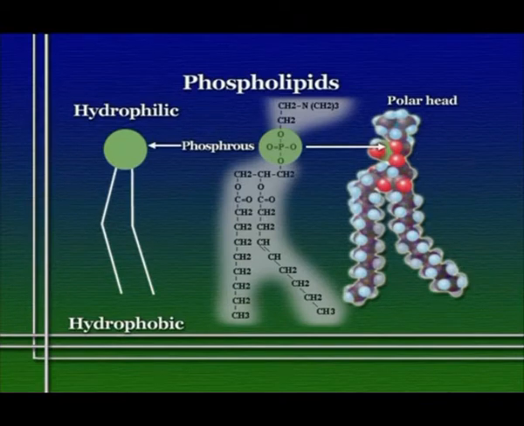And then extending from this head are a couple of long carbon chain tails. These carbon chain tails are typically made of a kind of lipid known as a fatty acid.